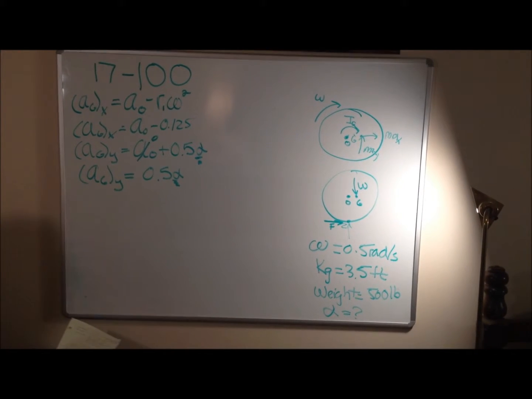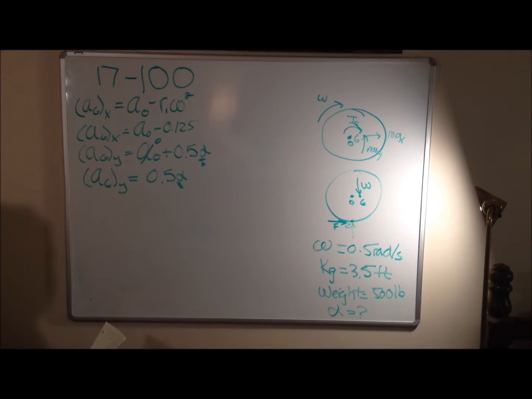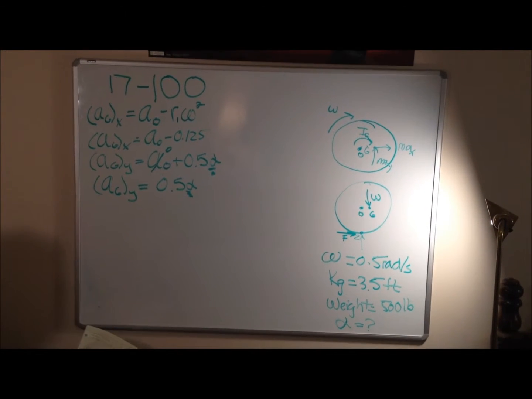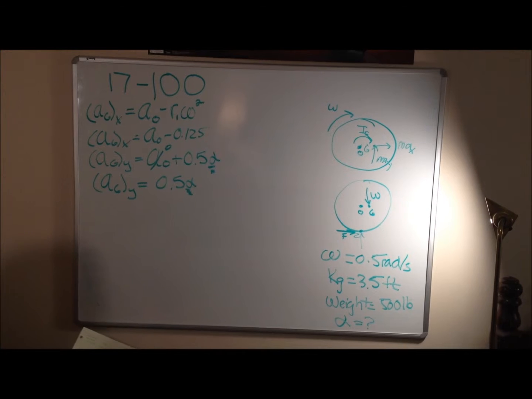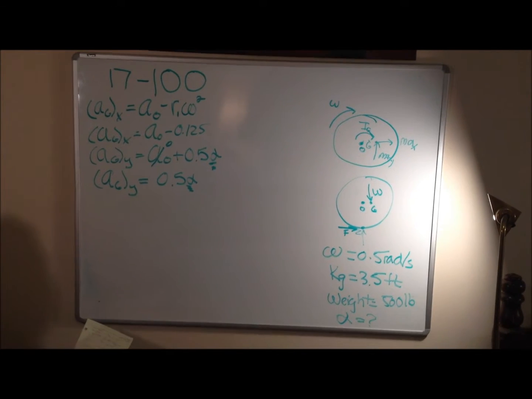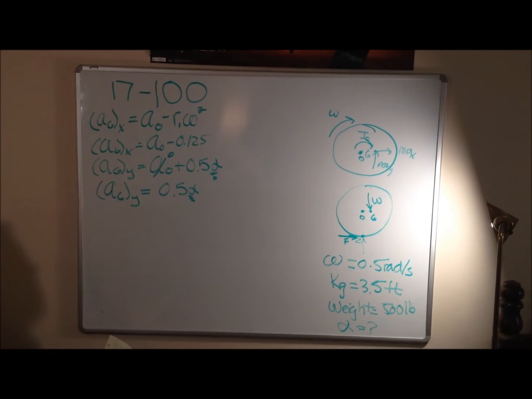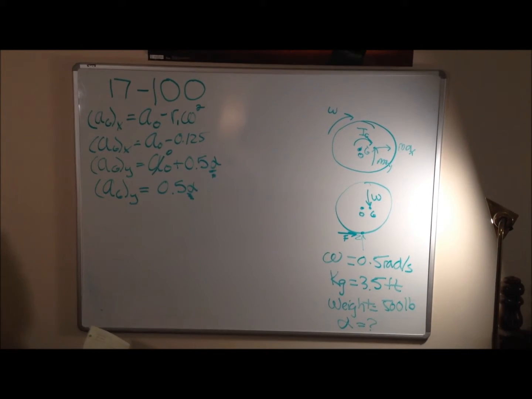So we're going to need to find a way to eliminate one of these variables. The reason being is when we put it into our equation of motion for rigid bodies, we don't want to have two variables. We only want one so we can solve.